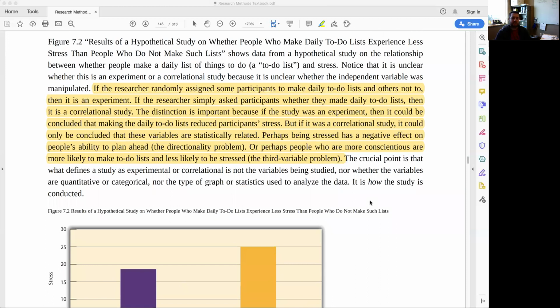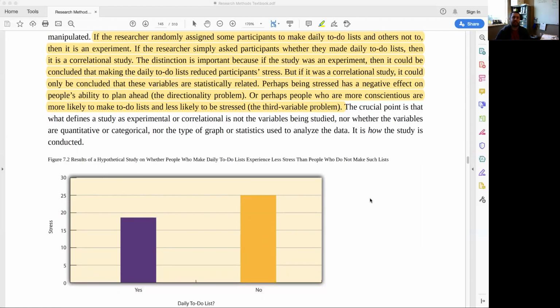This chunk is nice, and I purposely highlight it because this is what you will see a lot in news reports about research, and they will get it wrong and misrepresent what it is actually saying. Here we have a hypothetical chart that shows daily to-do list, yes or no, and the level of stress.